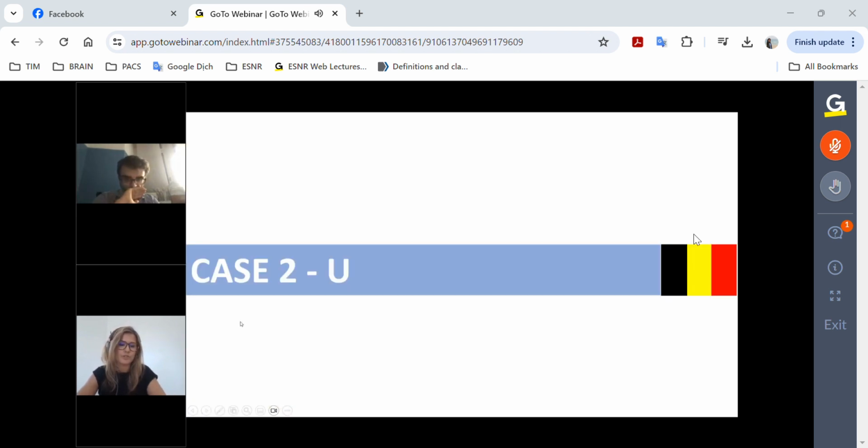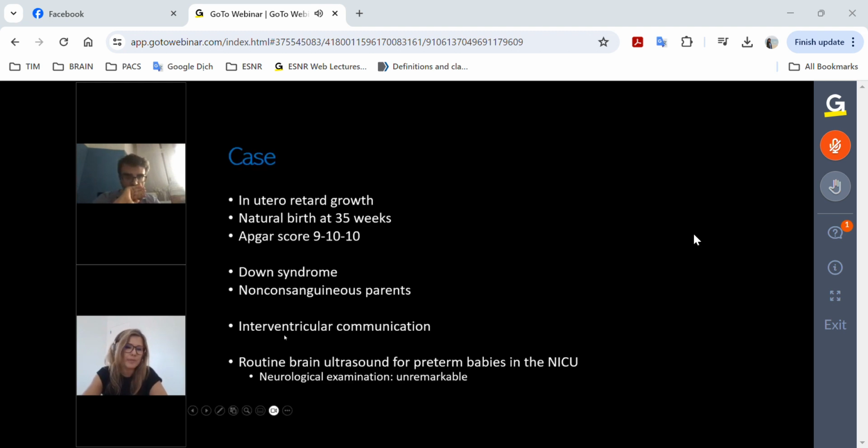So let's move on to case number 2 with the letter U. It's the case of a baby who is a little bit preterm and has Down syndrome, and he's born from non-consanguineous parents. In the prenatal ultrasound, an interventricular communication was seen, and of course, as every baby who comes in the NICU with some malformation, they had an ultrasound of the brain and the abdomen, and the neurological examination was unremarkable.